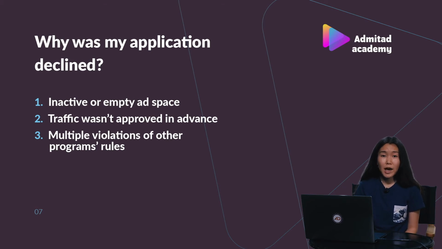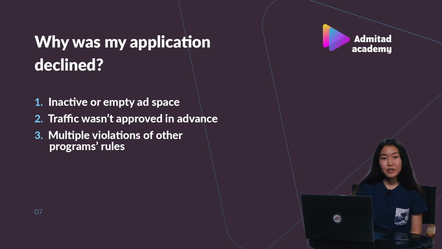You applied to join the program, but after some time you see that your application was declined. Why did it happen? Even if your ad space belongs to allowed types of traffic, we cannot approve inactive or empty ad space. So before you apply for the program, please make sure that your website is fully functional and everything works properly. We can decline your application if you do contextual advertising, but you didn't contact us through the ticket system or your personal manager to request approval.